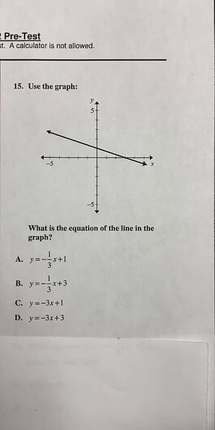All right, so Winter is saying B. Emily is saying A. Remember, if you're not sure, you can put a question mark.